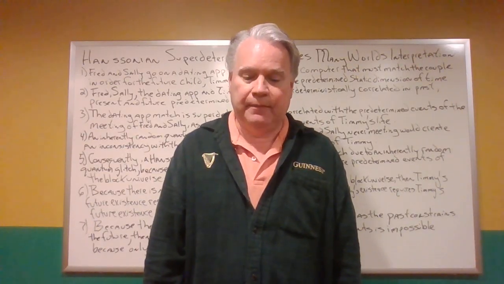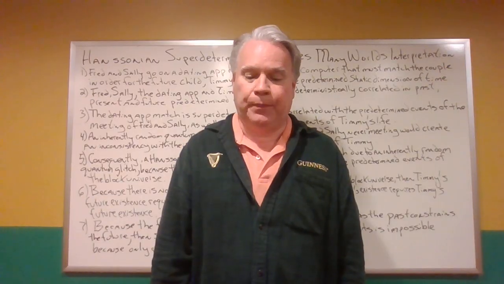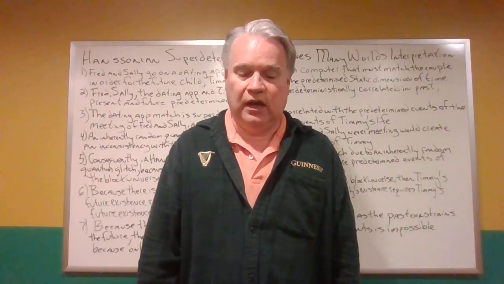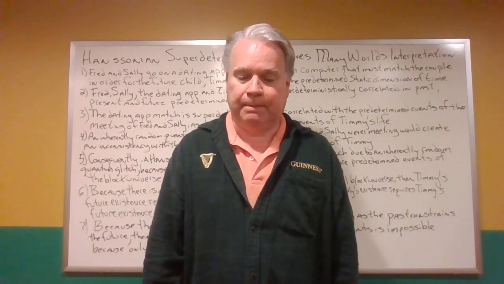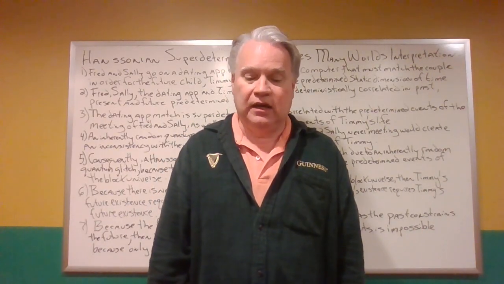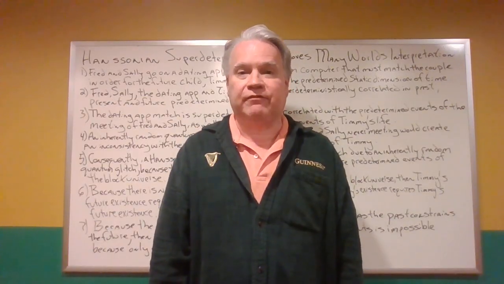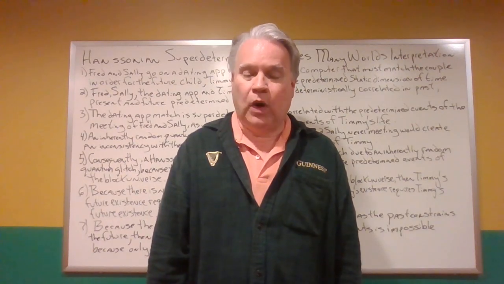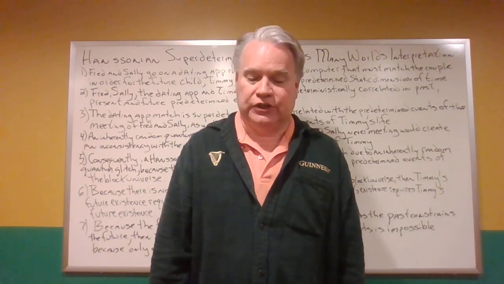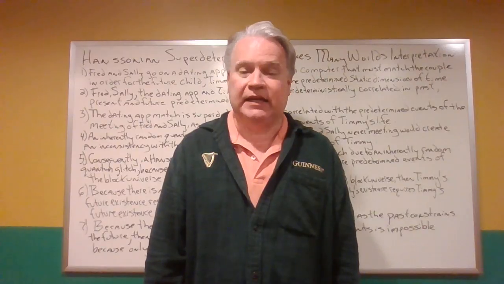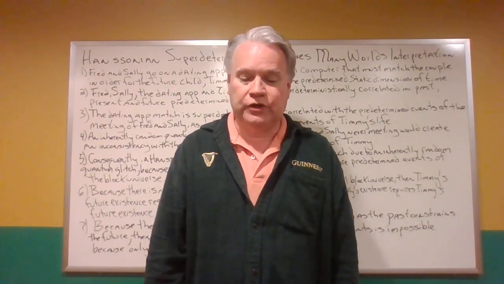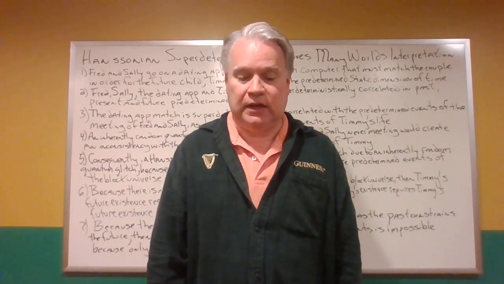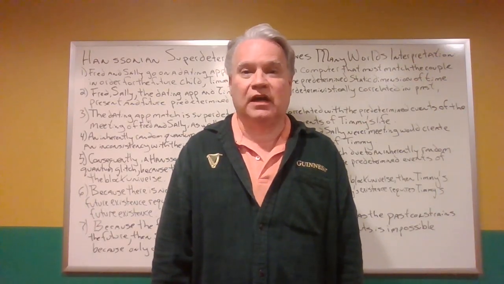The dating app match is superdeterministically correlated with the predetermined events of the meeting of Fred and Sally, as well as the entirety of the events of Timmy's life. An inherently random quantum computer glitch resulting in Fred and Sally never meeting would create inconsistencies with their future meeting and the future existence of Timmy.